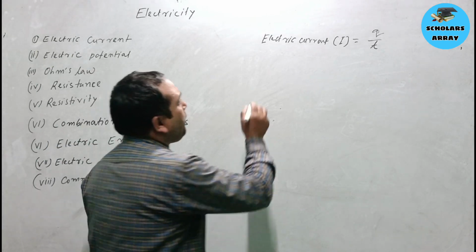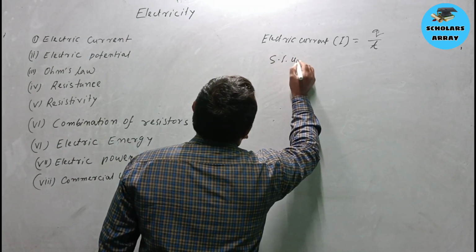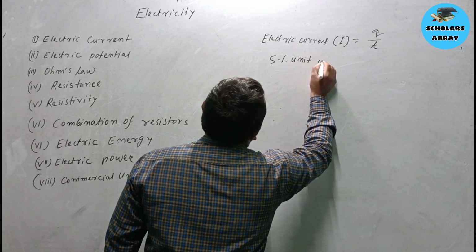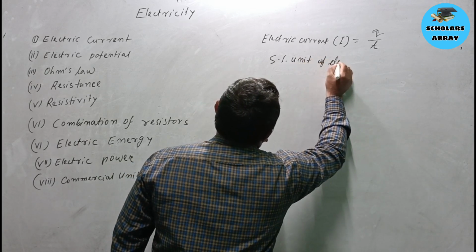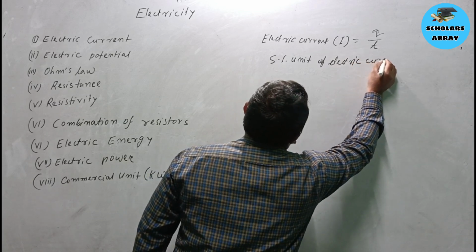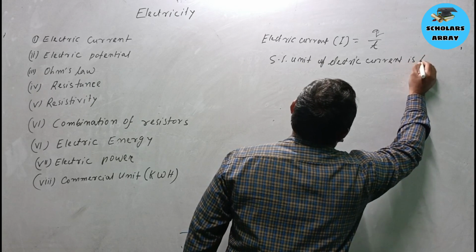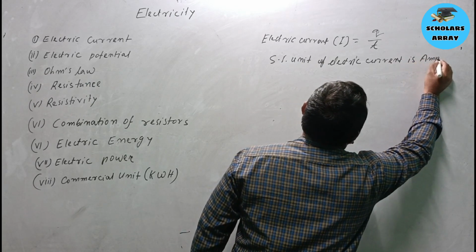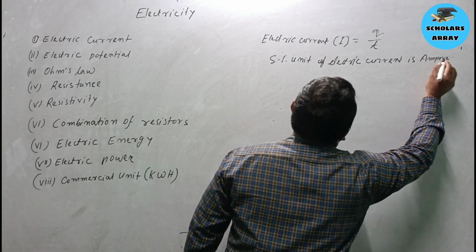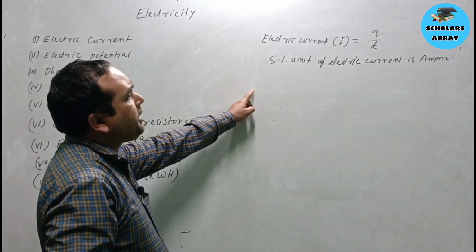The SI unit of electric current is ampere. So SI unit of electric current is ampere.